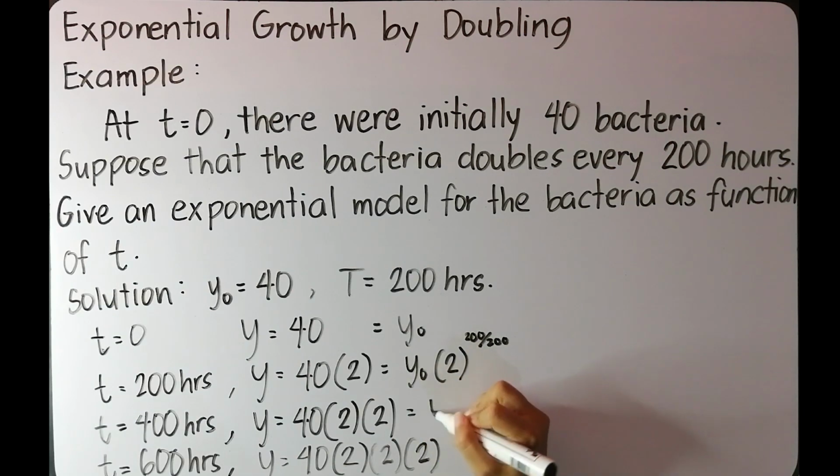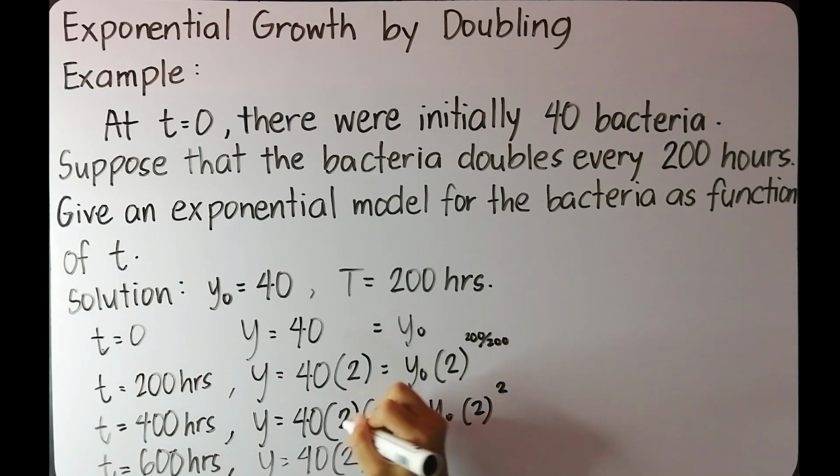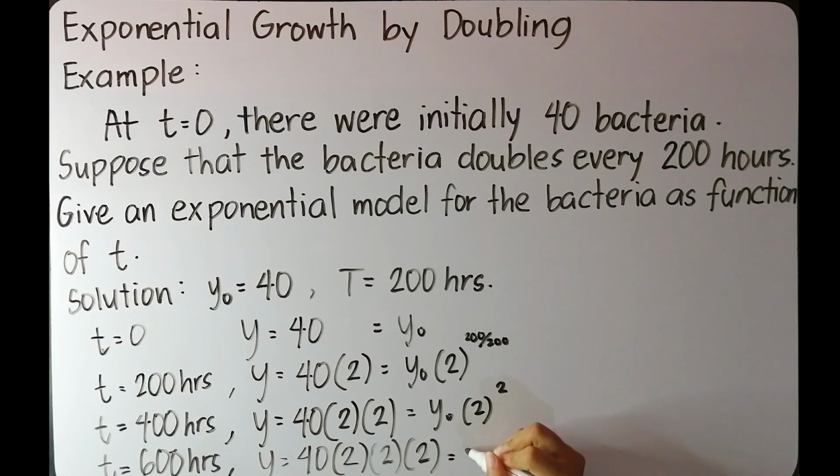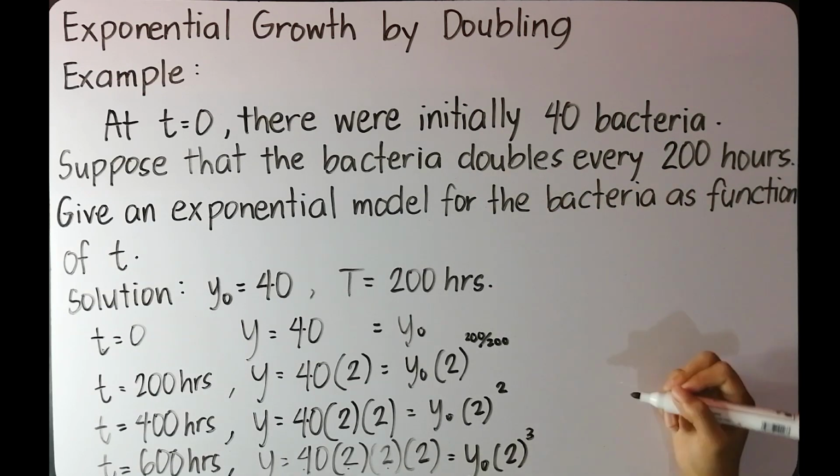This time we have y sub 0 times 2 raised to 2, because we have twice, 2 times 2. Then this one, we have y sub 0, which is the 40, then 2 times, how many 2's do we have? Raised to 3.